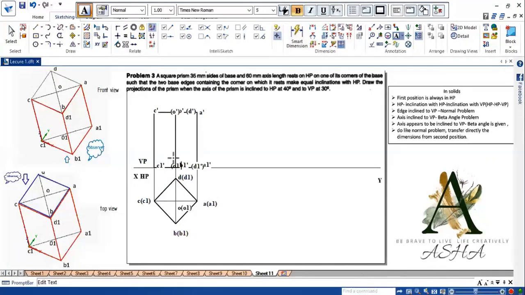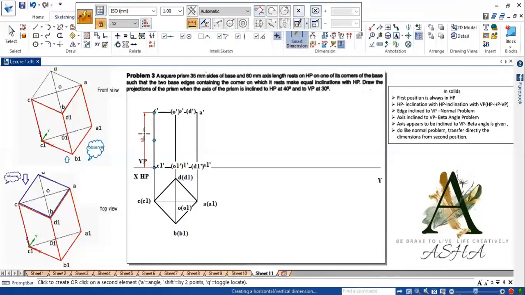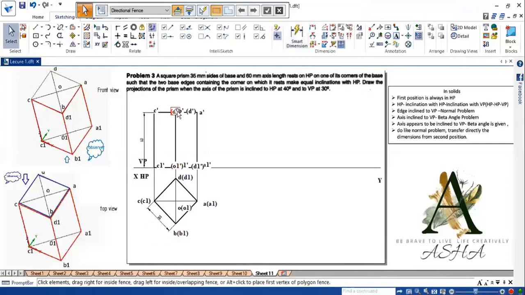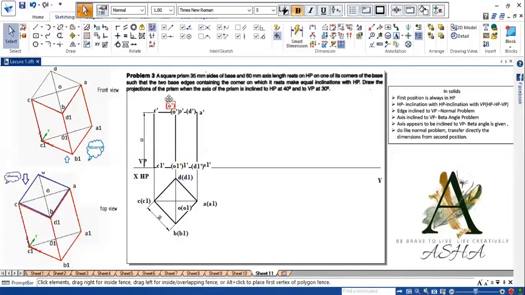Now show all the dimensions, show the height of the prism, show the dimension of the square prism. Whatever numerical values they have mentioned, we have to show. So this is O dash, B dash and D dash. Again here it is O1 dash, B1 dash and D1 dash.